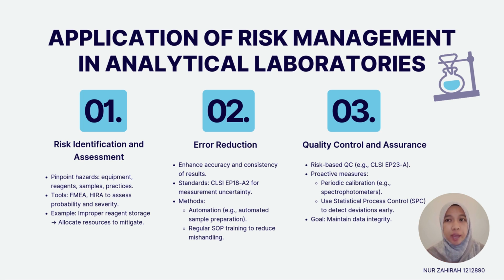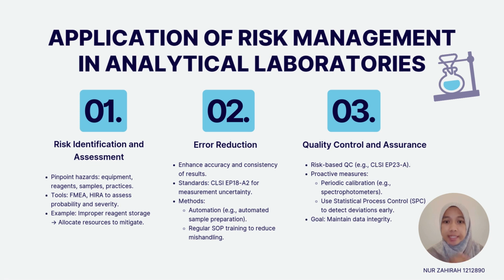Tools like FMEA and HERA are used to evaluate the probability and severity of these risks, allowing laboratories to prioritize them effectively. Second, another critical application is error reduction, which enhances the accuracy and consistency of laboratory results.